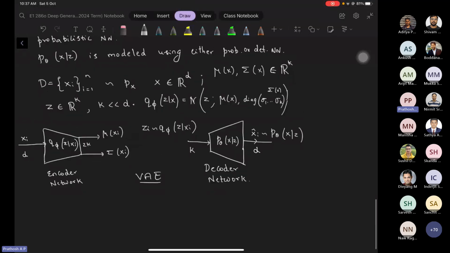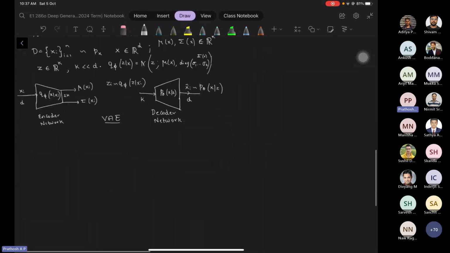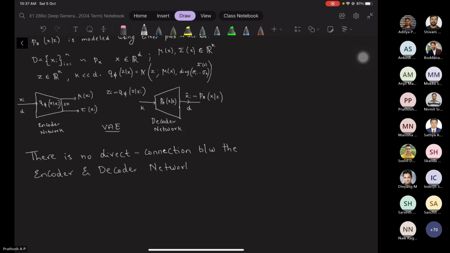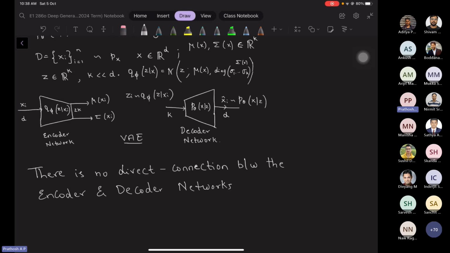One thing to be noted here is that there is no direct connection between the encoder and decoder networks. They are not connected at all. Given an xi, you first get the parameters of the distribution q phi of z given x.